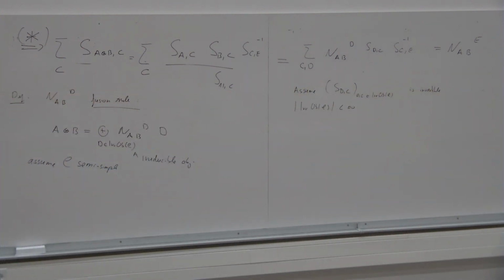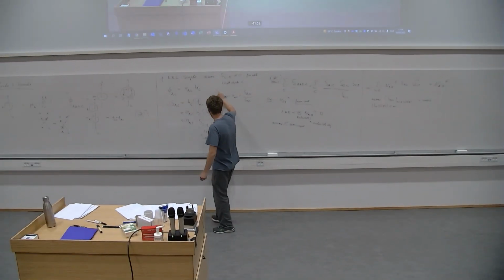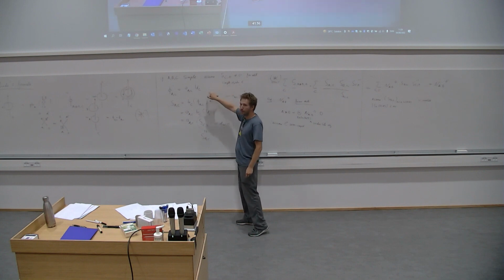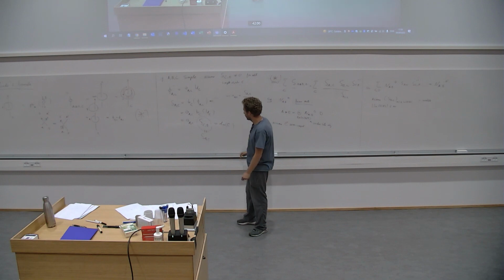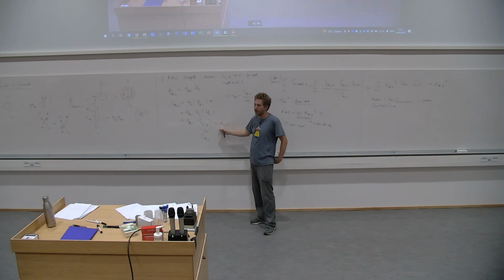Up to here, everything is fine. Here, everything is also still fine if I assume C to be a simple object, because then the endomorphism ring is one-dimensional. What is a big problem, as Jörn just pointed out, is that this dimension can vanish, and in fact it can vanish quite often. So this is one problem.